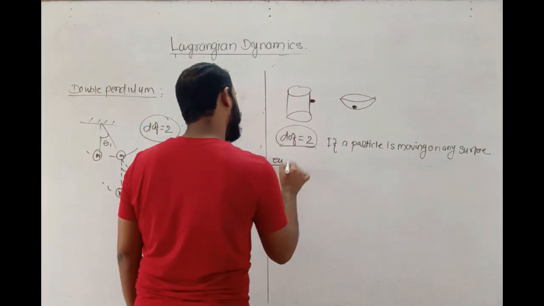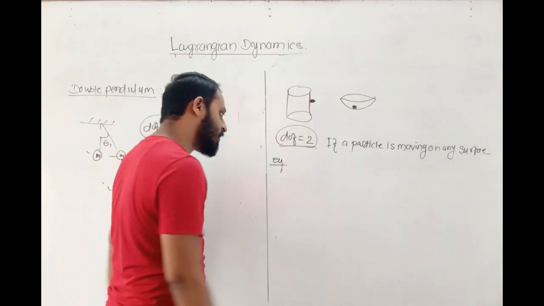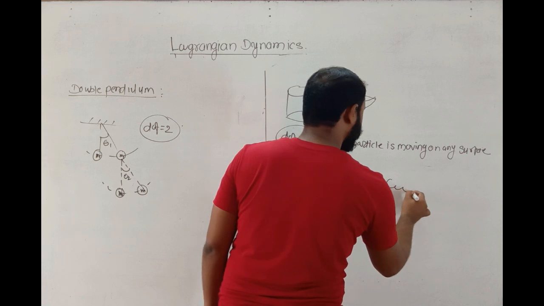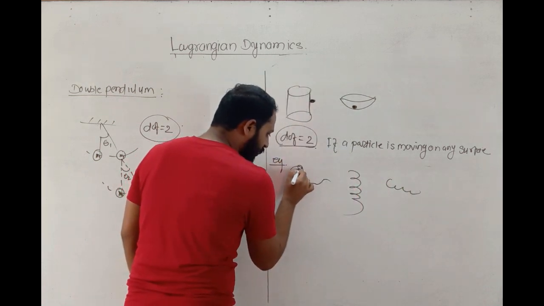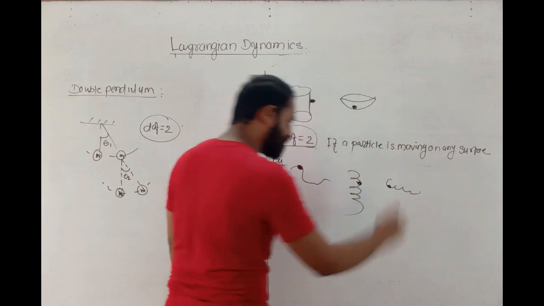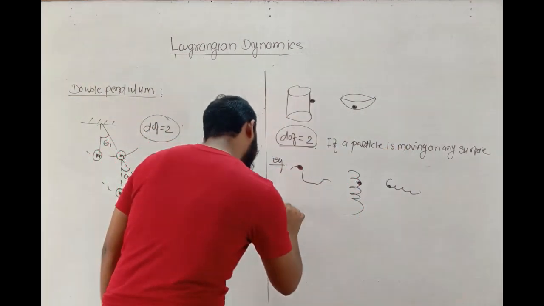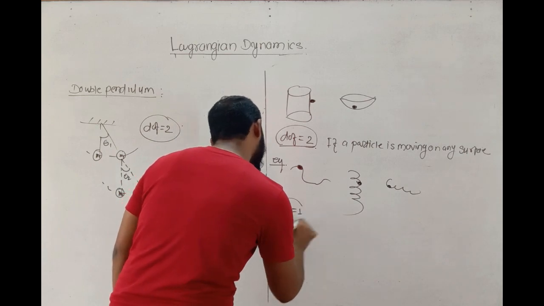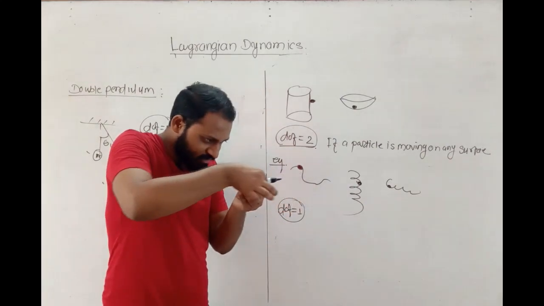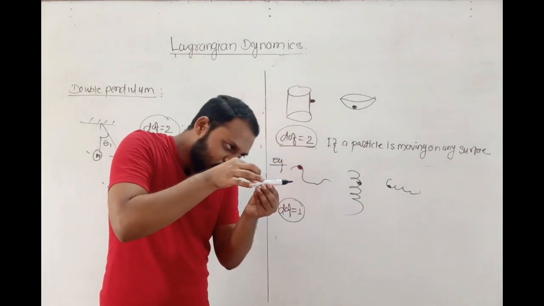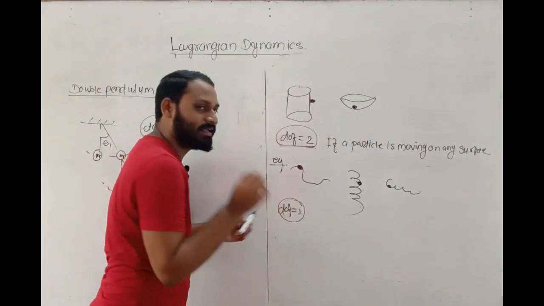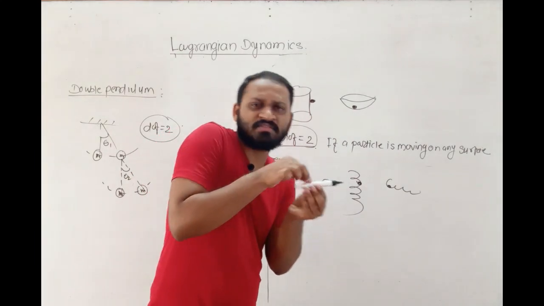अब देखिए, if I consider different types of shape of wires, okay, if a particle is moving on this wire, then what is the degree of freedom for this? Degree of freedom for this is 1. Because if I consider this is a wire, and the particle is moving on this wire, only one variable is required to define the motion of that particle on this wire.